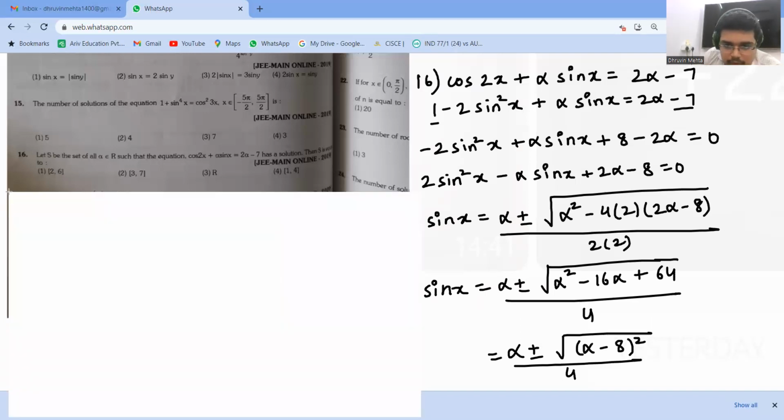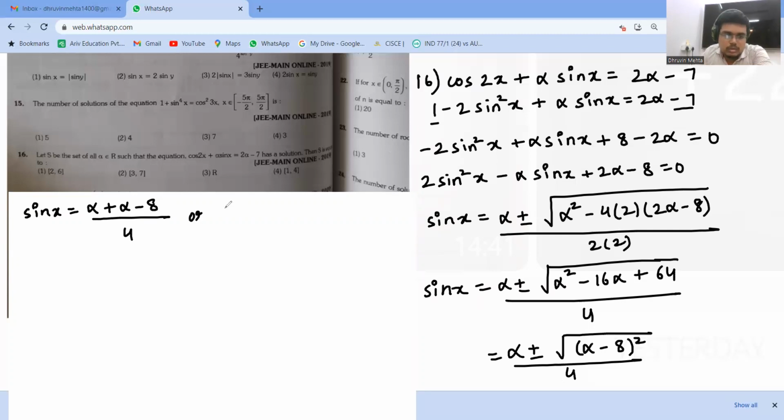So we will get sin x is equal to, the root is gone now, alpha plus alpha minus 8 upon 4, or sin x is alpha minus alpha minus 8 upon 4.